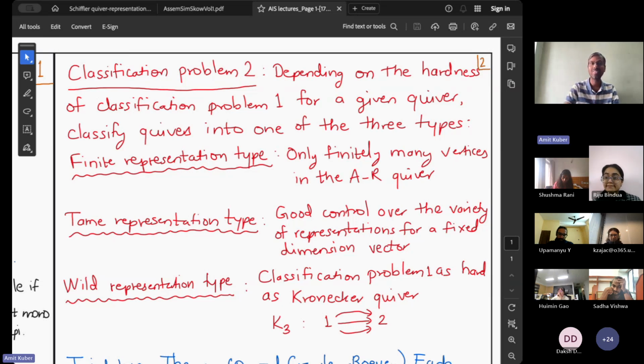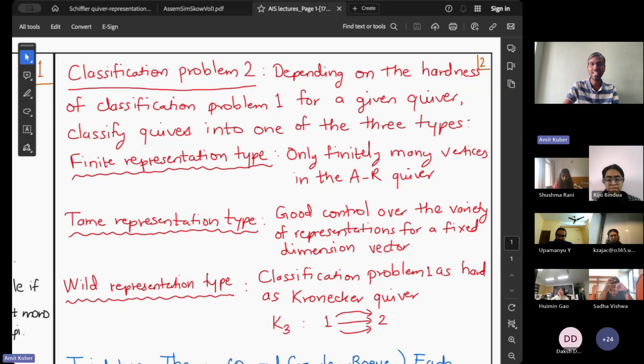Nothing else is finite representation type. Then tame means it is not finite representation type. However, we have enough control over this particular variety of representations for a fixed dimension vector. Again, I will make this definition precise in the last lecture, not right now. But it basically says that you have a sufficiently good understanding of what is happening here.